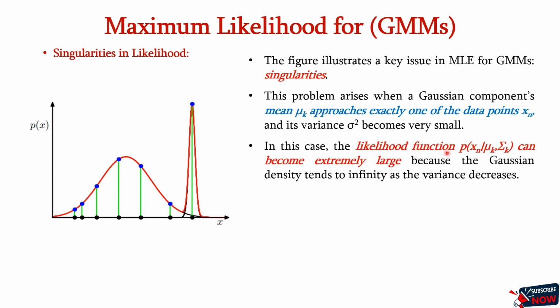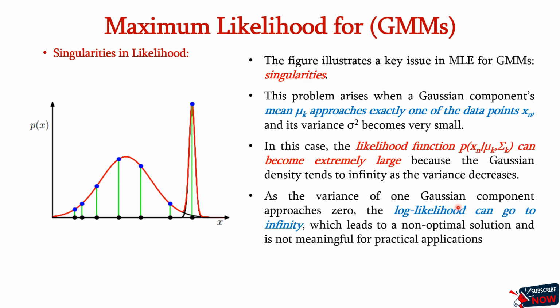In this case, the likelihood function can become extremely large because the Gaussian density tends to infinity as the variance is decreasing. As the variance of one Gaussian component approaches 0, the log likelihood can go to infinity, which in turn leads to a non-optimal solution and it is not meaningful for practical applications.